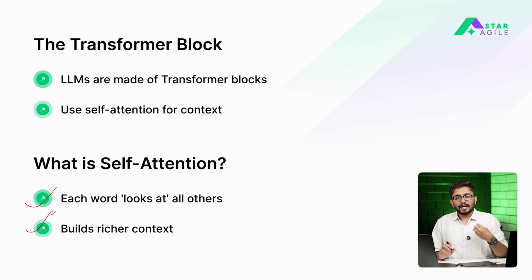So if you say, I am using an Apple phone versus I want to drink an apple juice, the word apple remains the same in both the sentences, but the context around each sentence gives that word a different meaning altogether. So in the first sentence, you are talking about the company called Apple which produces phones, whereas in the second sentence, you talk about apple from the context of fruits. So context becomes very important, and it is the mechanism of this self-attention which gives the LLM the power to build a much richer context while generating the next token.